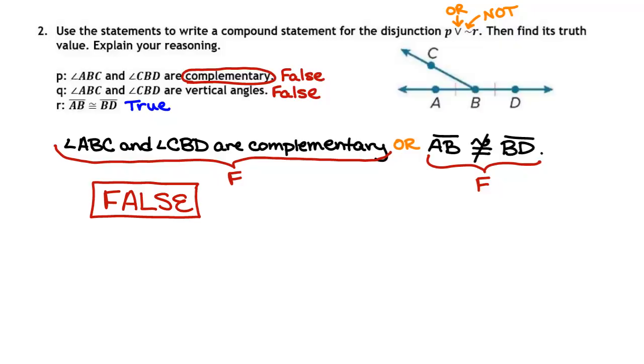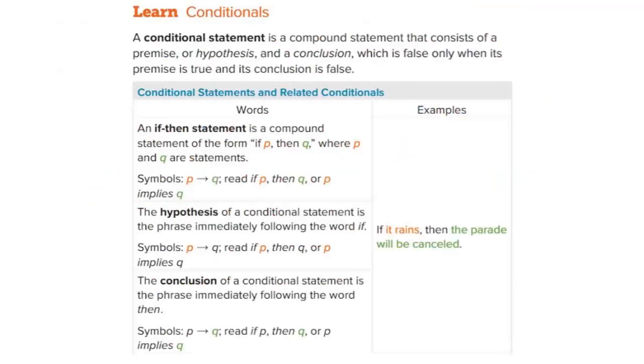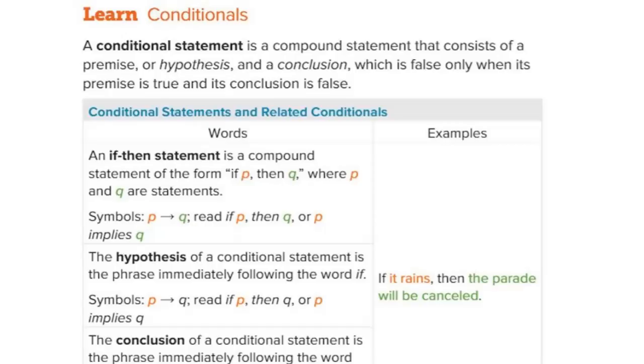All right. Let's talk about conditional statements. A conditional statement is a compound statement that consists of a premise, or a hypothesis we call it, and a conclusion, which is false only when the premise is true and its conclusion is false.